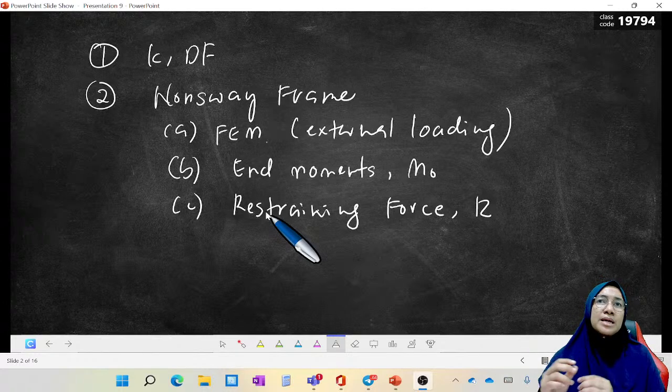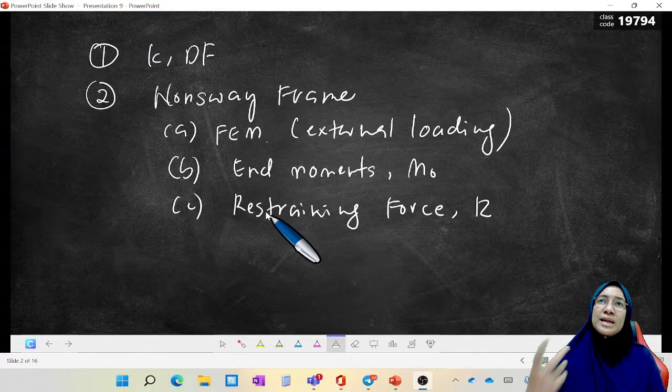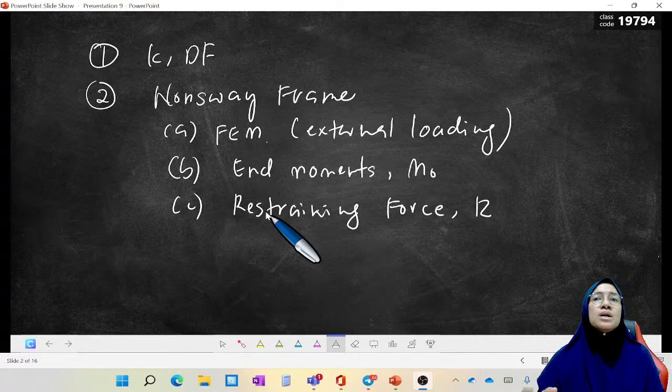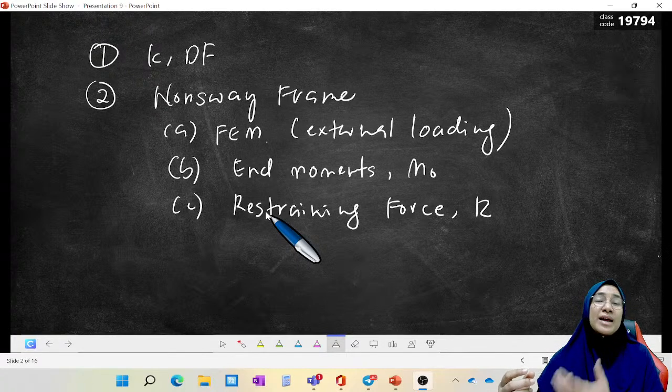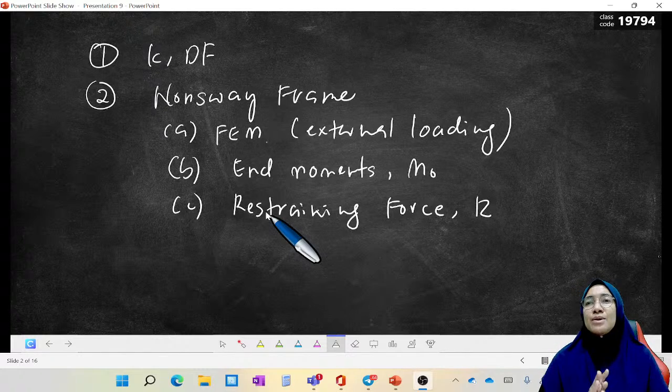So in table number 2, we will only consider FEM due to delta only, due to sidesway only. There's no external loading that will give the value of FEM. So we have to separate FEM due to external loading and FEM due to delta.